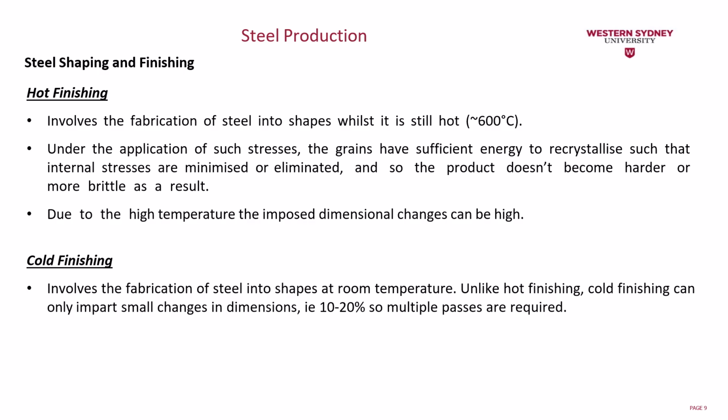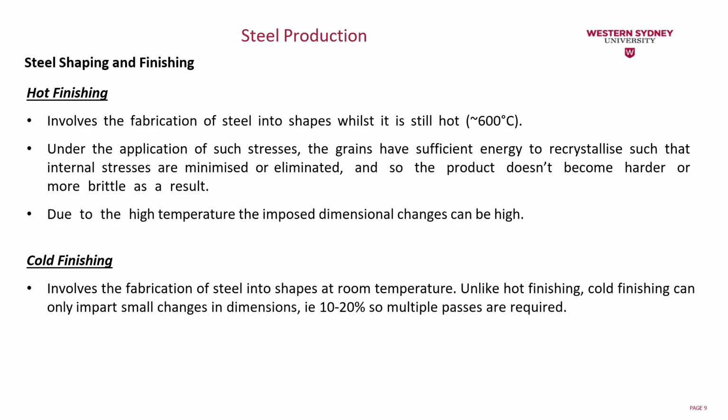The highest changes can occur in hot finishing when you apply the stress, because what's happening is that we're reducing the hardness of the material when you impose the heat. If you take it to a high temperature, at a certain stage it is going to melt. So the high temperature itself makes it soft, even below the melting temperature.